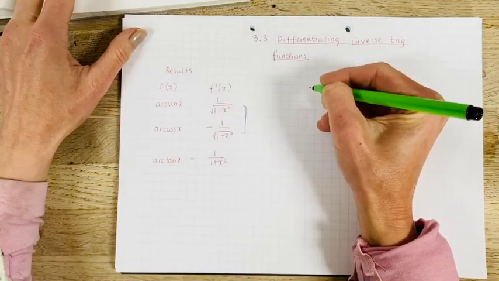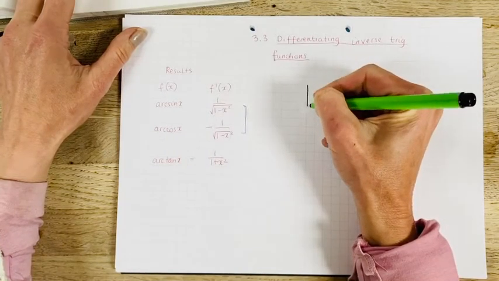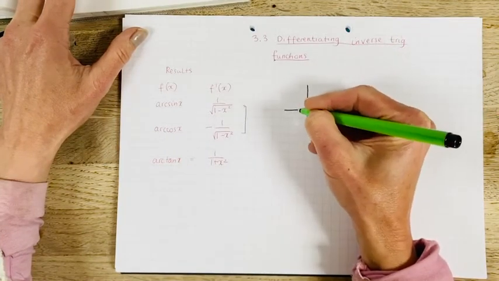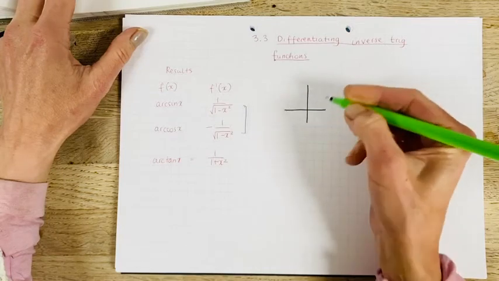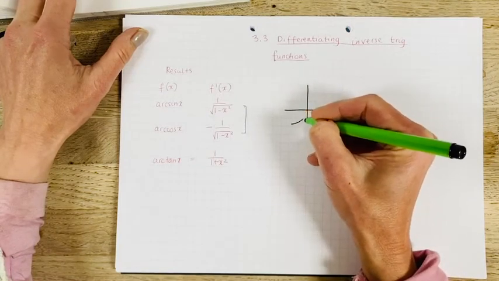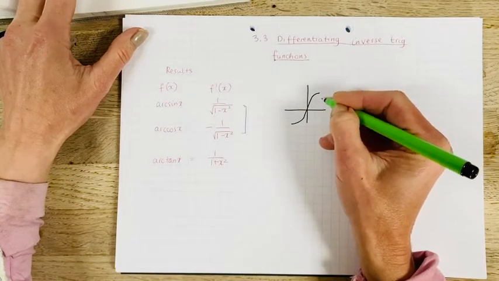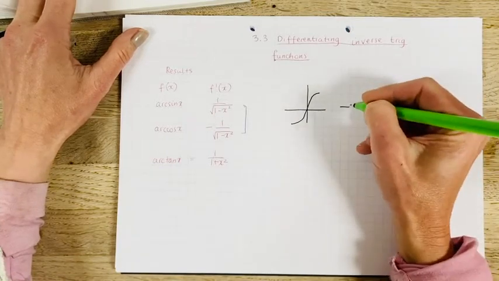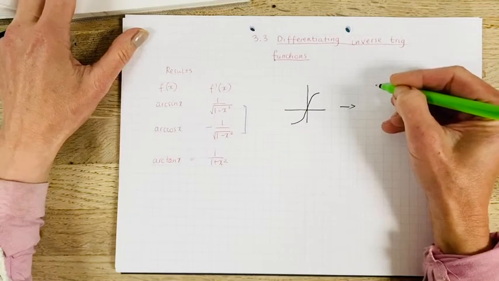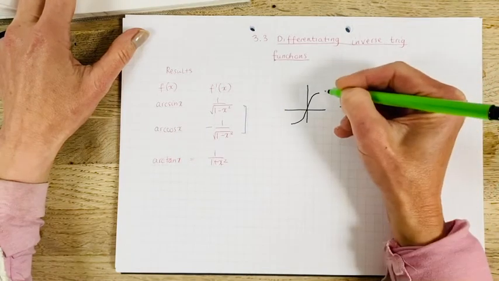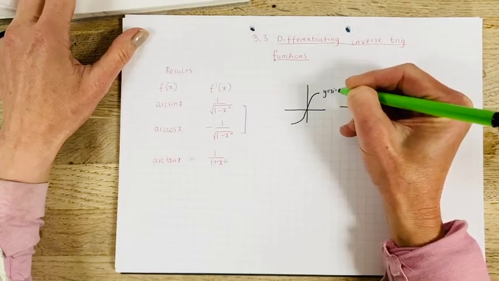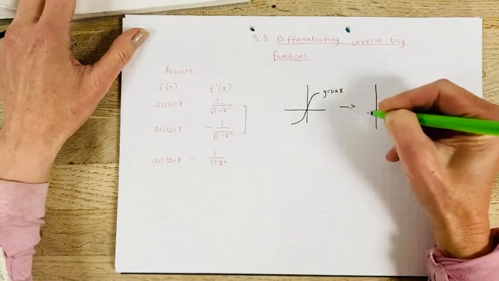what it looks like. Your arc sine looks like that. This is sine, and arc sine is going to be the reflection in y equals x.